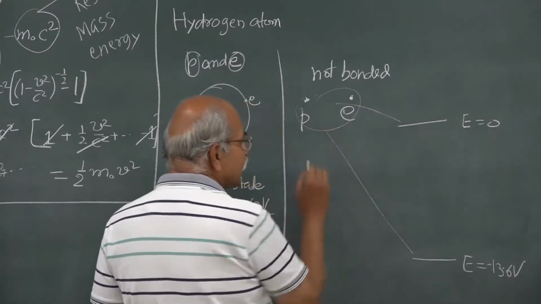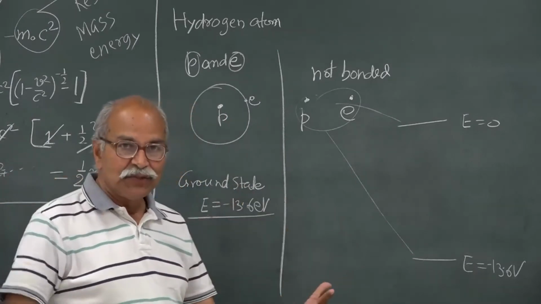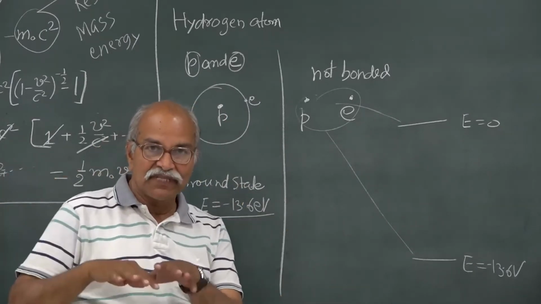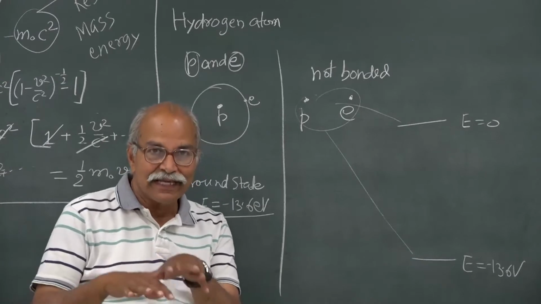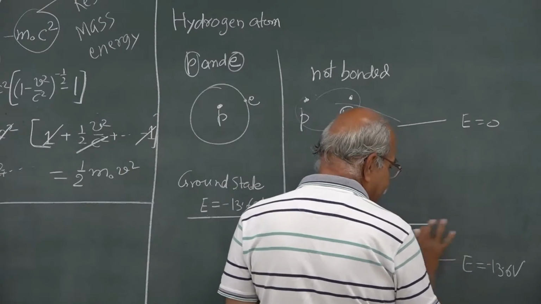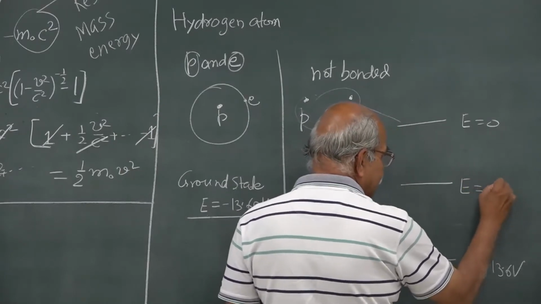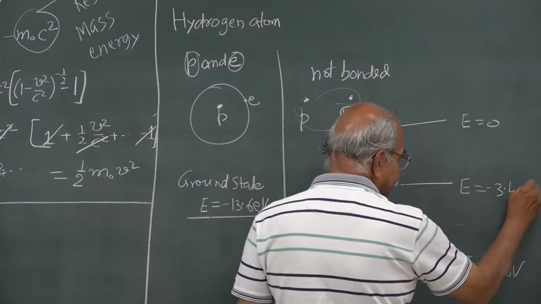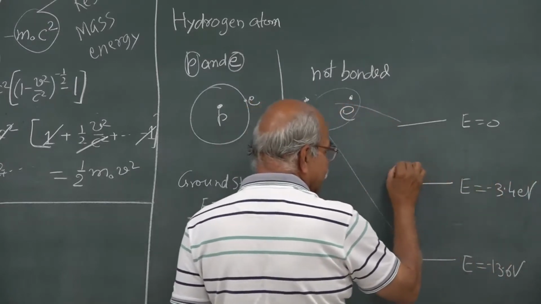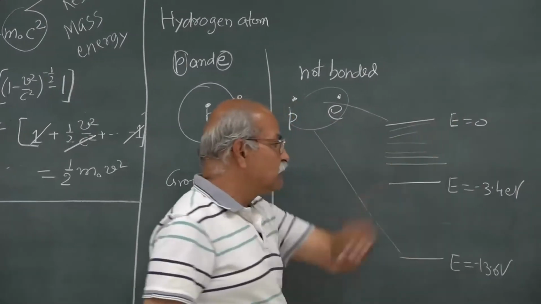Bonded also can be in different fashions. So, you can have the ground state, you can have the first excited state, second excited state. In the first excited state, the energy is minus 3.4 eV. Then you have the second excited state and third excited state and so on, and finally you have E equal to 0.